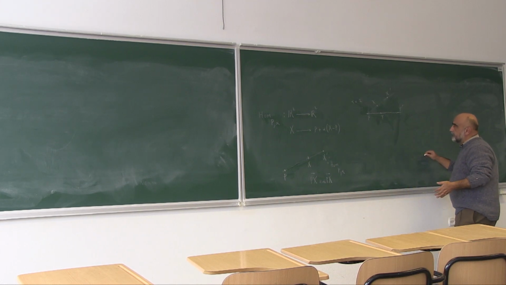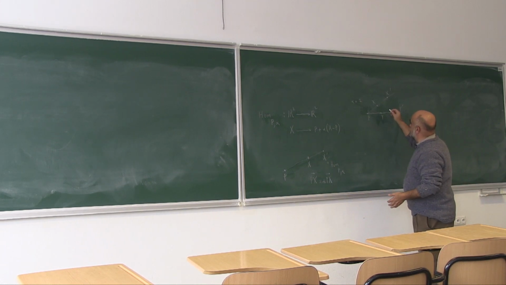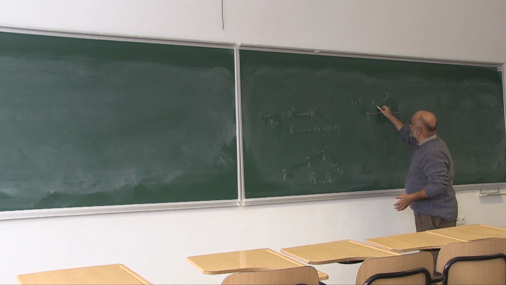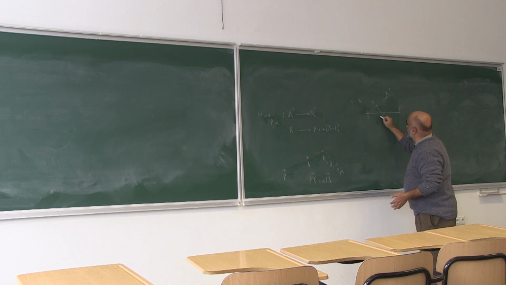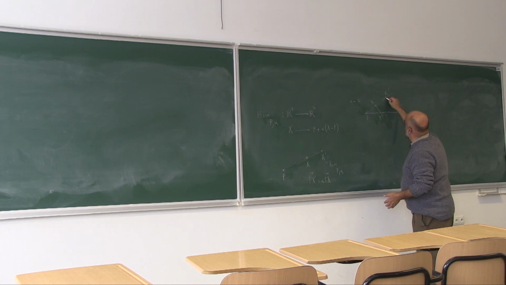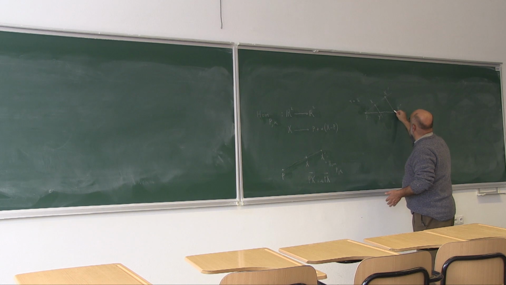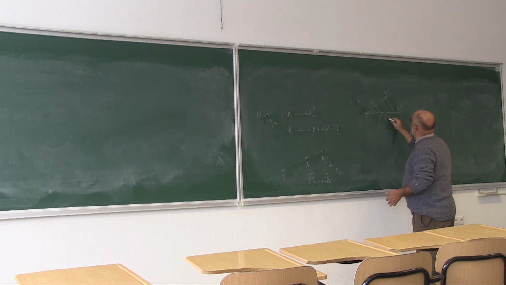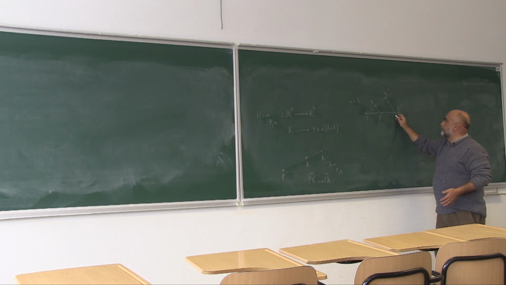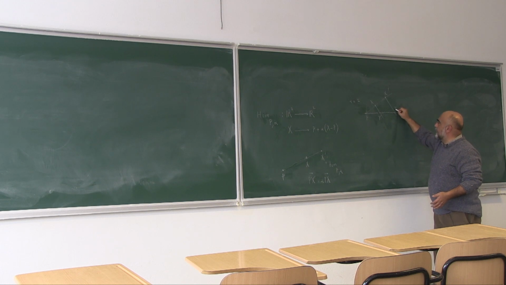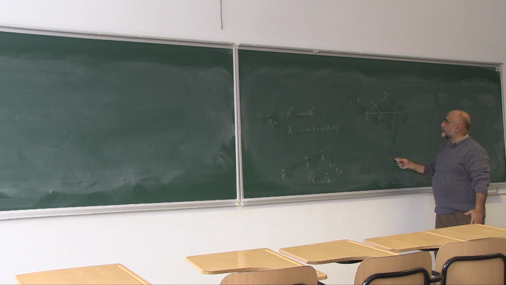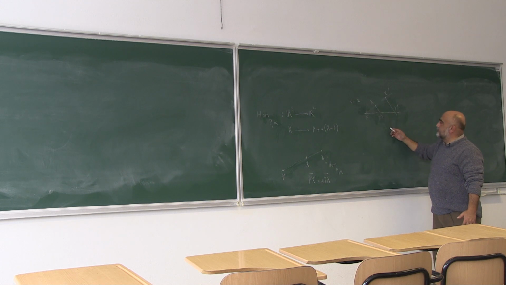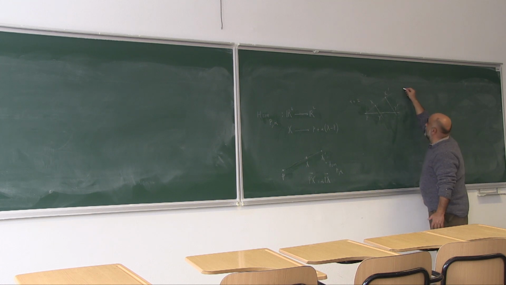Now here we are again. X is mapped into X prime, Y is mapped into Y prime. You can readily check that just because of the theorem of Thales, the line XY and line X prime Y prime are in fact parallel.